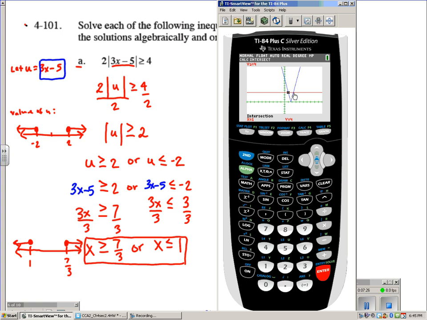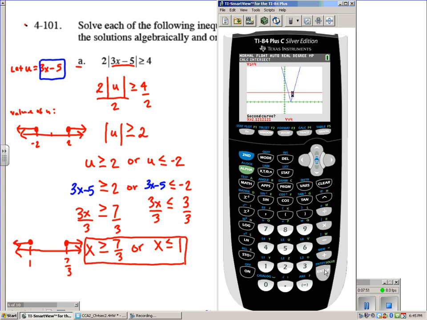And then if we go from this point in this direction, notice there that our blue line is above the red line, so we are greater than. Well, I bet you that's probably going to end up being 7/3 or 2 1/3, right? Let's double check. Second trace, number 5. Remember, we have to move it a little bit closer to that intersection point using the right and left arrows.